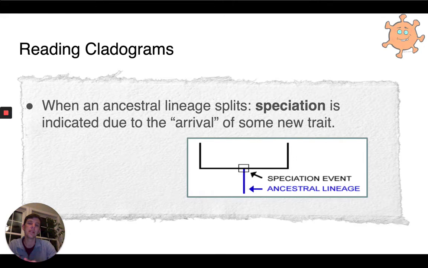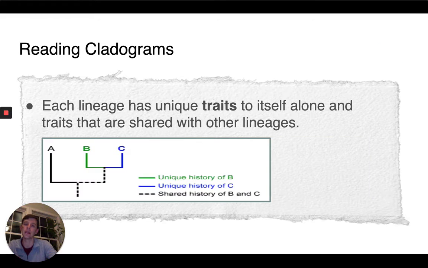Those speciation events are represented by the branching or the split in these cladograms. And so here we can see that the blue line is going to talk about the ancestral lineage, and that just means that it's a common ancestor between those. And then we have that speciation event where it splits. That point where it splits, where that box is showing, is called a node on a cladogram, N-O-D-E.